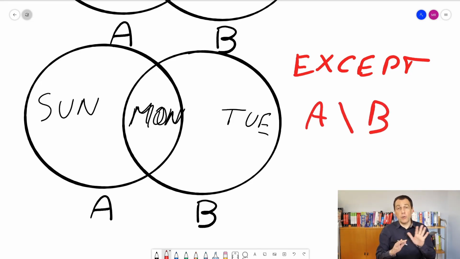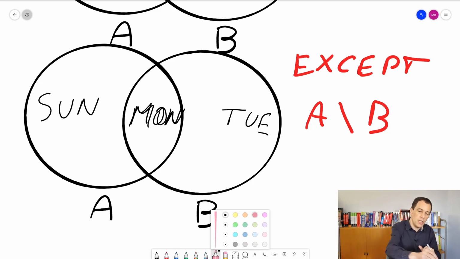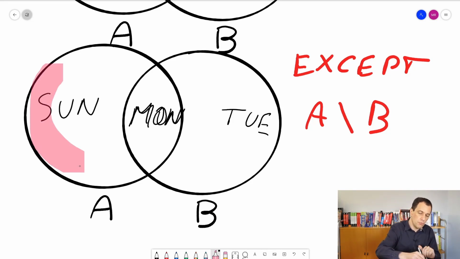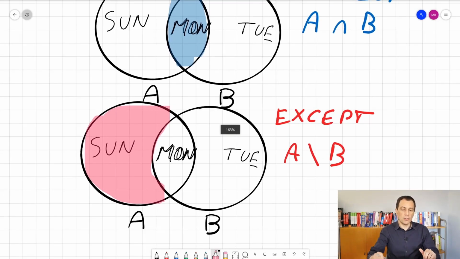So in this case, the order is important, because we're saying we want to remove from the A set whatever exists also in the B set, which means that if you look at the graphical representation, we only want to include Sunday because we want to remove Monday. Monday exists also in B, and so the result of the except operation is the red color that you see, the part that is colored here in this set.